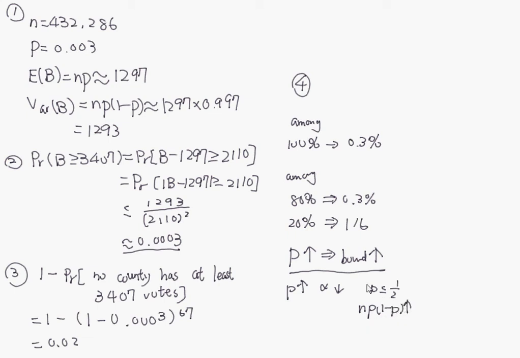So if we use the Chebyshev inequality, we know that the variance of B over alpha squared, this is larger, this is smaller, so we know that the total bound is larger. So this is another approach for the fourth part. So this is question number 4.